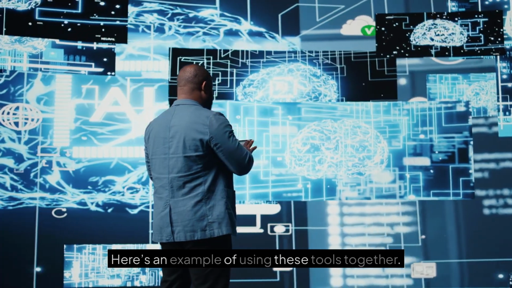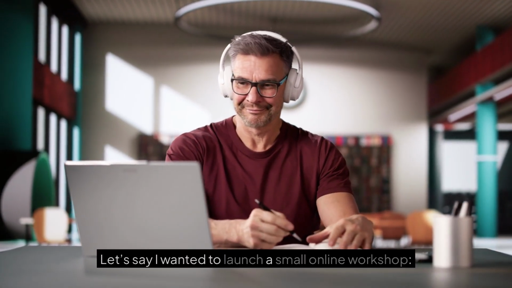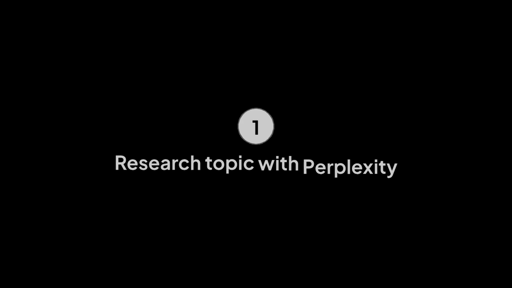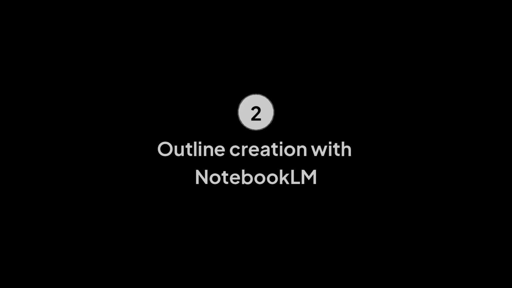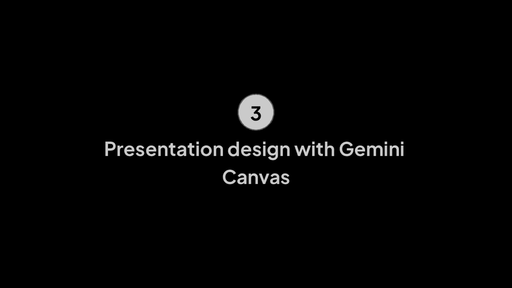Here's an example of using these tools together. Let's say I wanted to launch a small online workshop. Use Perplexity to research the topic and see what people are asking. Upload notes and source material to Notebook LM to make a clean outline. Use Gemini Canvas to turn that outline into a presentation.